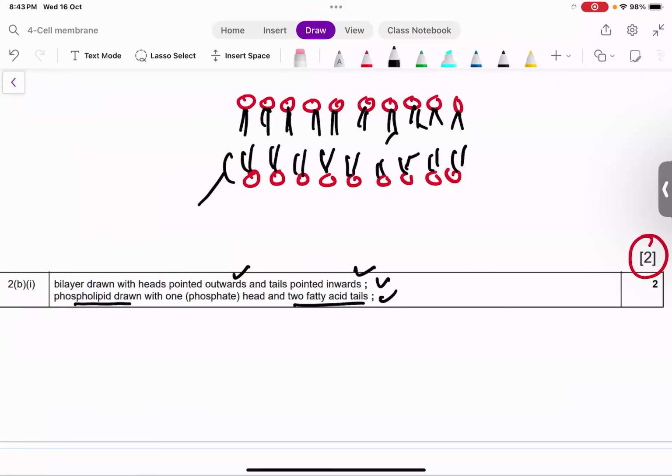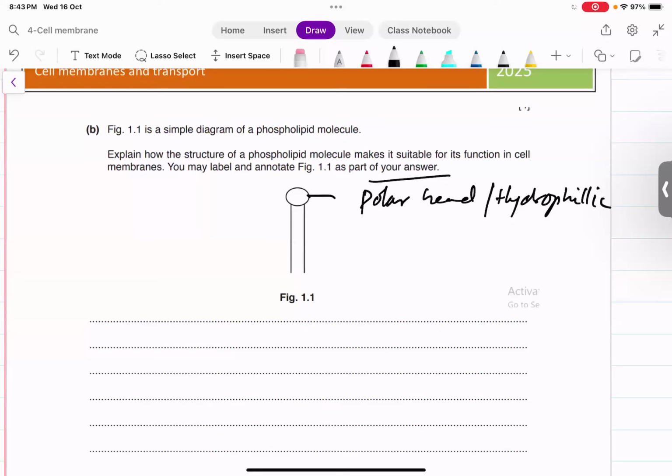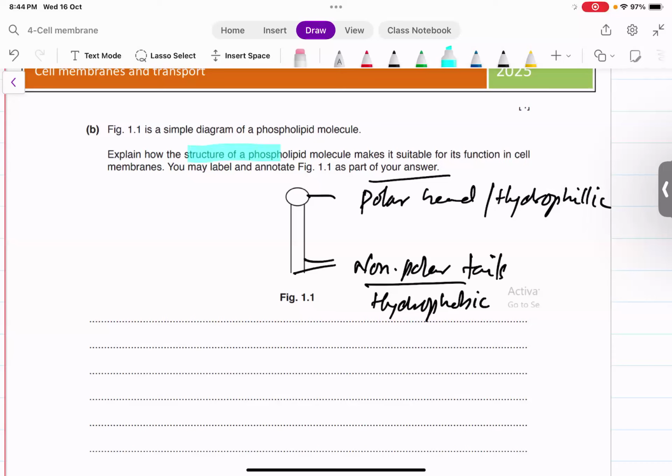So you can annotate this is polar head, which is hydrophilic, and these are non-polar tails, and these are hydrophobic. So what you have to do is look at this question, explain how the structure of phospholipid molecule makes it suitable for its function in cell membrane.